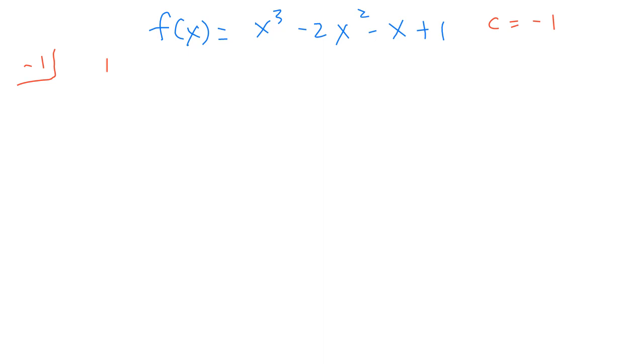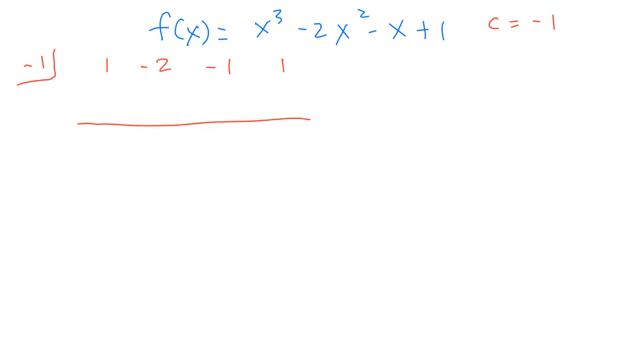Okay, so we're going to write the f of x again. That's x cubed minus 2x squared minus x plus 1. And we're going to assume a c here, which is negative 1. So negative 1 should be placed here in the box. And then the numbers beside the terms would be 1, negative 2, negative 1, and 1.